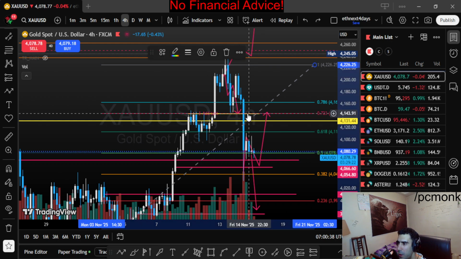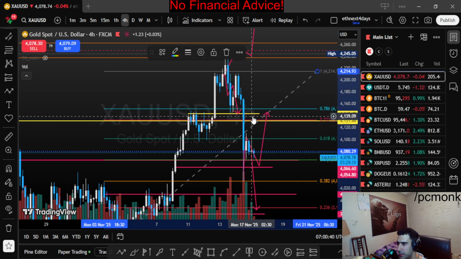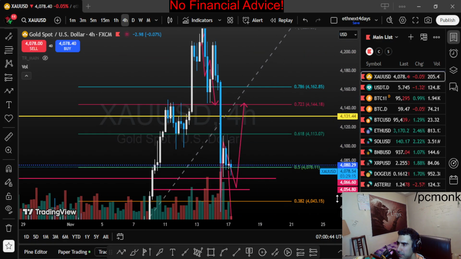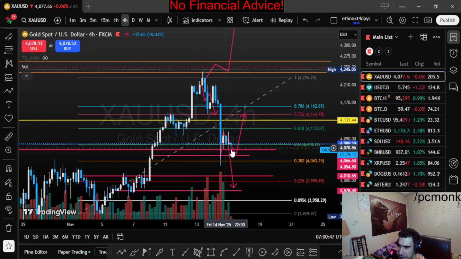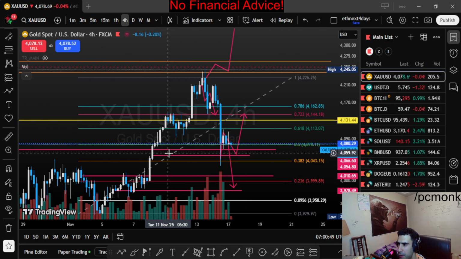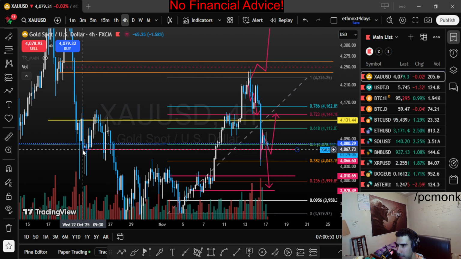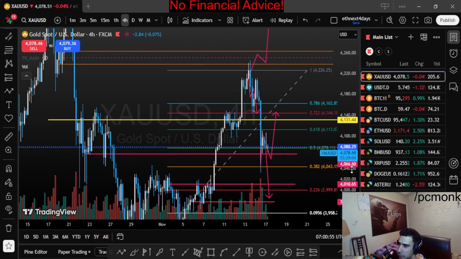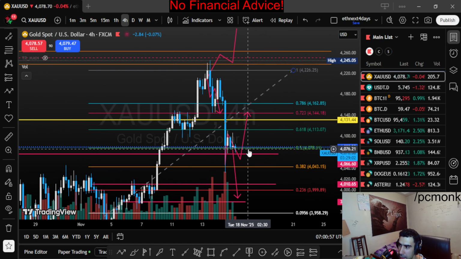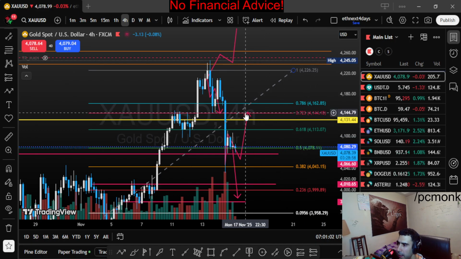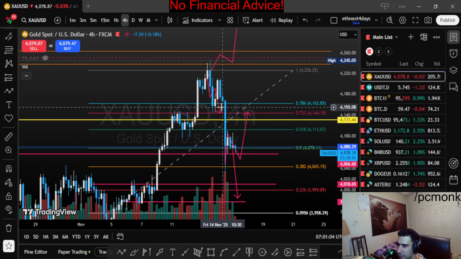Basically wait and see. This is the Fibonacci retracement, as you guys can see. Now around here, there's a 4 hour level. If we hold this, which is 4,066, then there's another chance to go above the golden pocket and try the top of this volume imbalance.